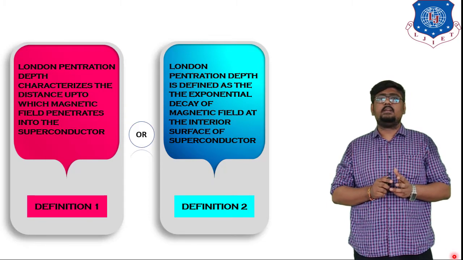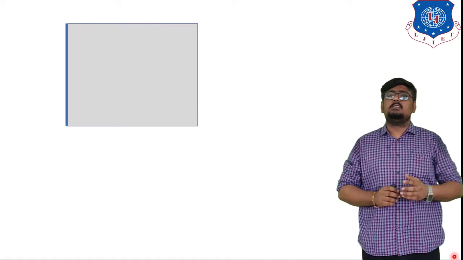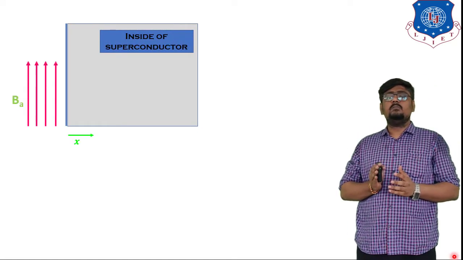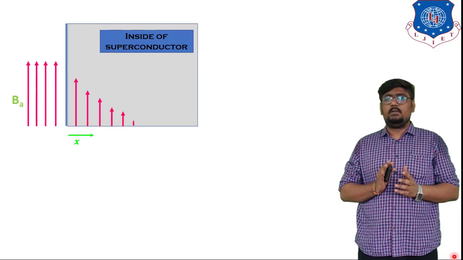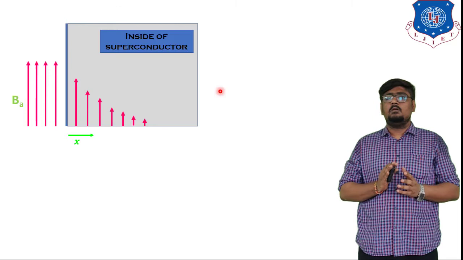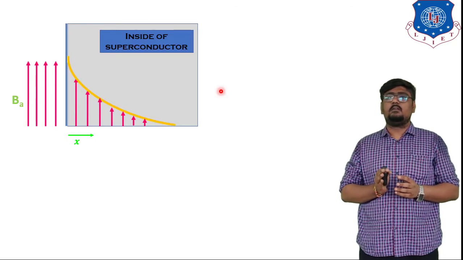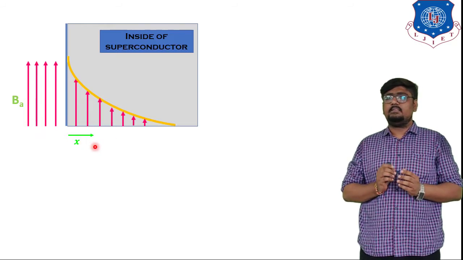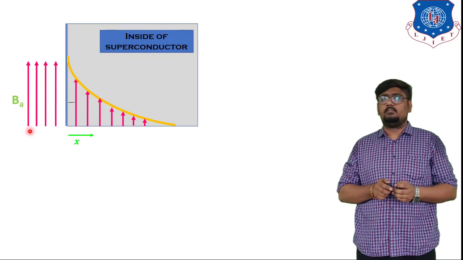For understanding, let us consider a magnetic field Bx. Assume Bx equals B0 times e raised to minus x by lambda L, where x is the distance inside the superconductor from the surface, B0 is the magnetic field at the surface, and lambda L is the penetration depth.